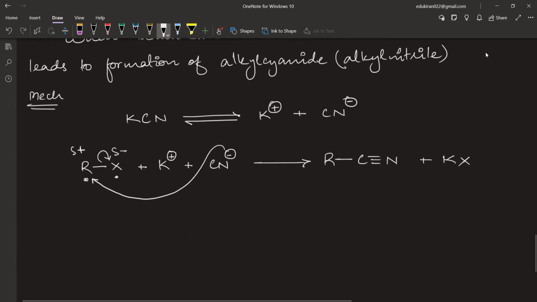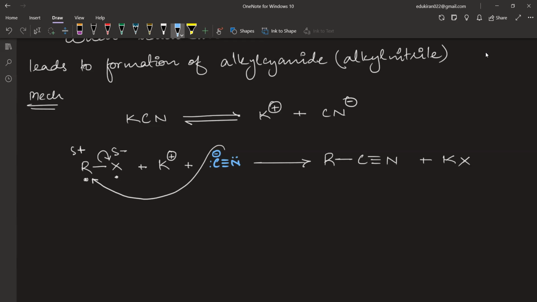Why is it happening like this? If you look at the CN negative structure, it is like this: carbon, triple bond, nitrogen, with a lone pair on nitrogen and a lone pair and negative charge on carbon. This negative charge is due to the lone pair on carbon. Carbon generally has 4 electrons, but it has 5 electrons in the valence shell, that is why it has a negative charge.